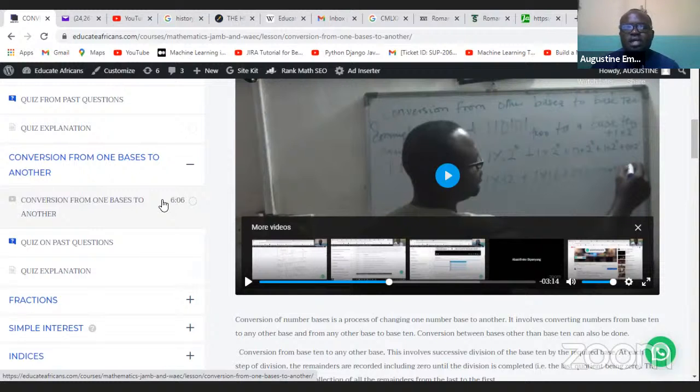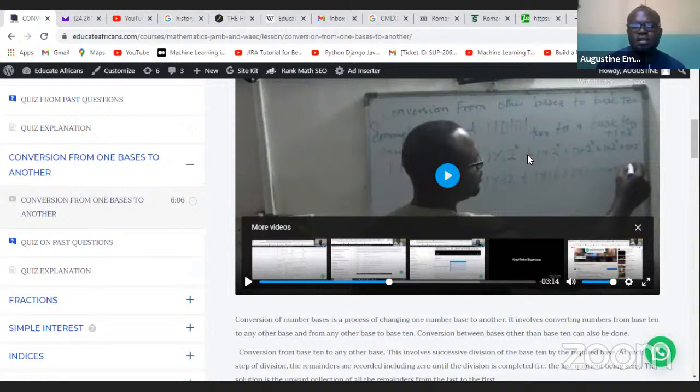Let's say you want to convert 110101 to base 10. The first number here, 1, you multiply by the base of the number you're converting from, and you raise it to the power of what is remaining: 1, 2, 3, 4, 5. So it's raised to power 5.